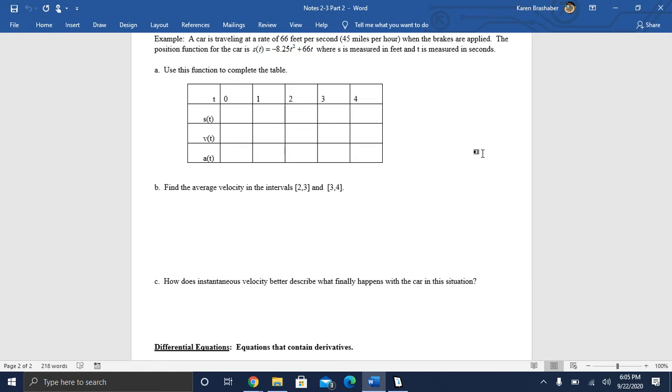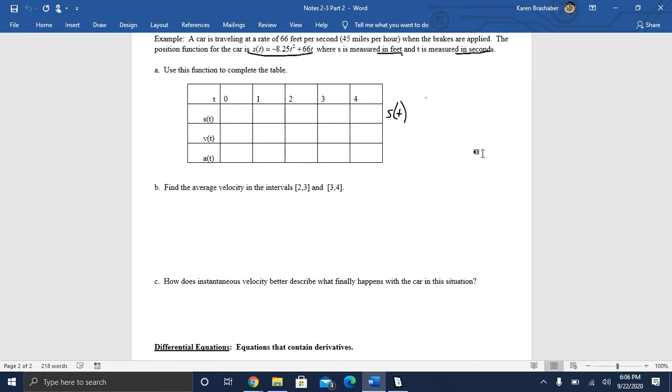And then we have the brakes being applied, and the position function is given to you as S of t equals negative 8.25 t squared plus 66t. It tells you that we have S measured in feet and t measured in seconds. So I'm asking you to complete this table, and I'm just going to go over the different functions.